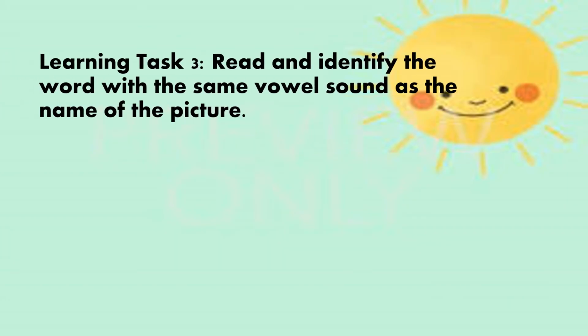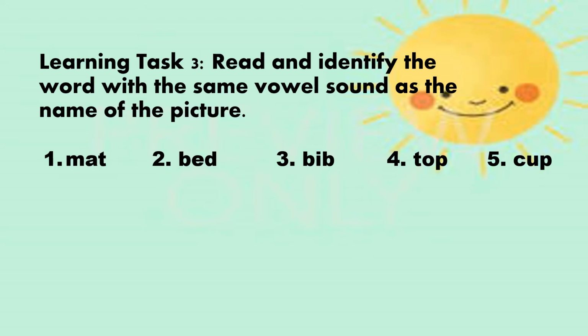Okay, for learning task 3, read and identify the word with the same vowel sound as the name of the picture. We have mat, bed, bib, tap, and cup. And these are the pictures.